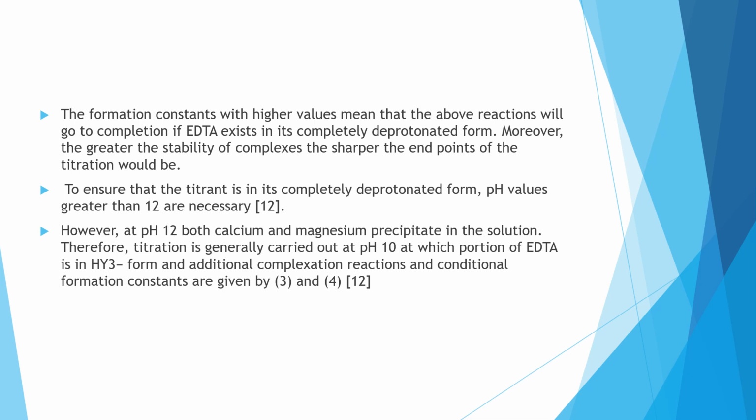However, at pH 12, both calcium and magnesium precipitate in the solution. Therefore, titration is generally carried out at pH 10, at which a portion of EDTA is in HY3 minus form, and additional complexation reactions and conditional formation constants are given.